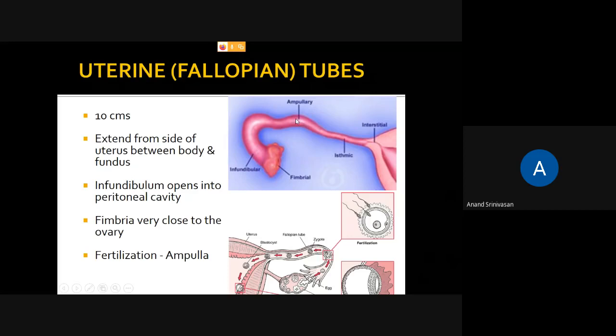So this is the place where the sperm and the ovum get fertilized, and then they turn into a zygote. You can see that the sperm has to travel a long distance to reach this site, where the fertilization takes place.